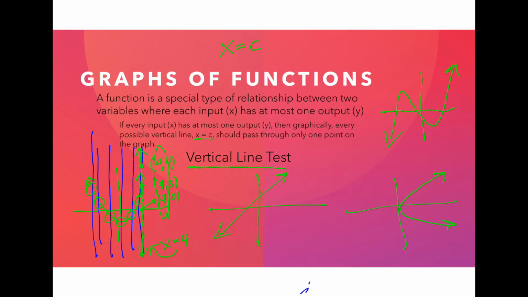So when we draw a vertical line, we're saying here's our input of 4. If it only passes through one point on the line, that means there's only one output, one y value, for a given value of c. For each one of these, you can see then, in this particular case, almost all functions.